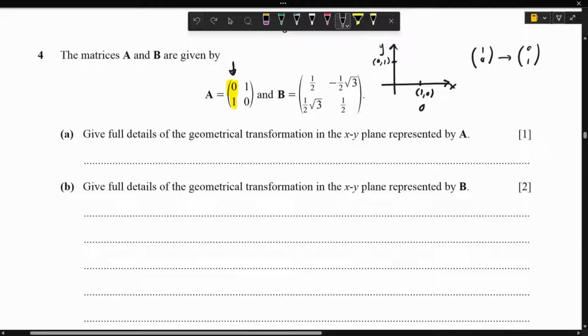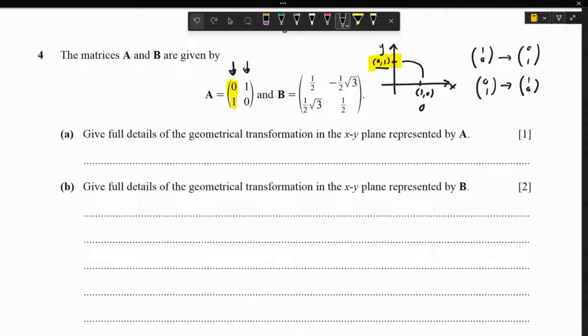It could be a reflection or a rotation. Again, we can look at another point, the point (0, 1) itself. It is being transformed onto the column (1, 0), which gives us this as the image.